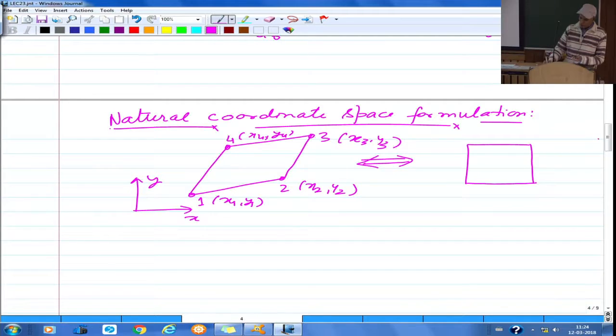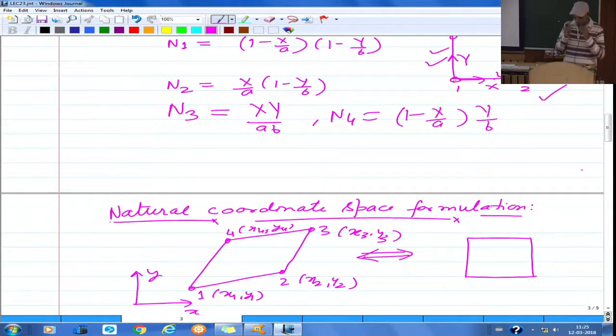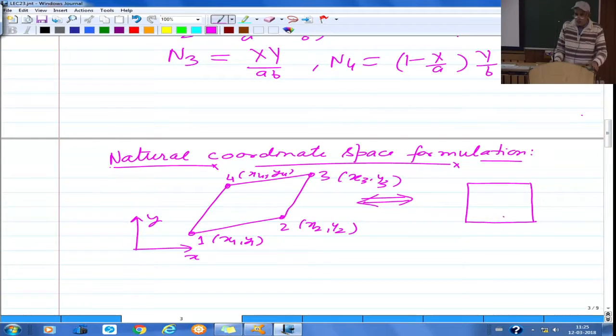We have argued that if the element is rectangular in shape, then we can satisfy the continuity of primary variables if they are degrees of freedom at the nodes of the element. That is why we are converting this arbitrary quadrilateral into a rectangle, or more specifically a square.